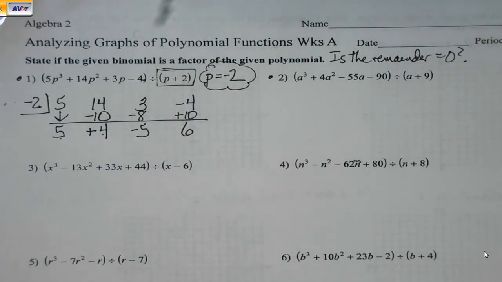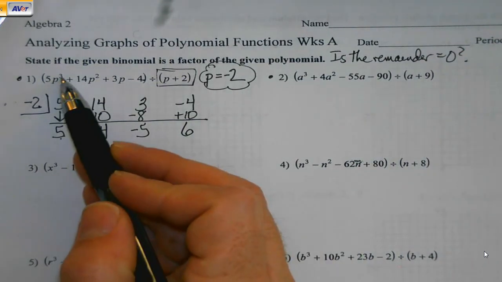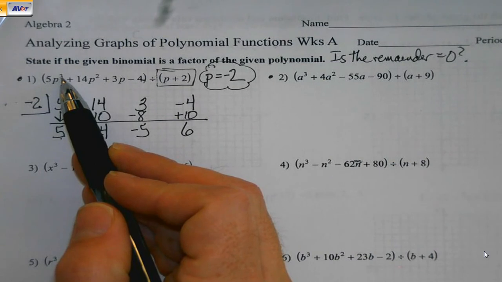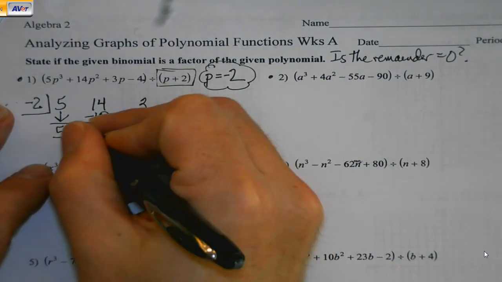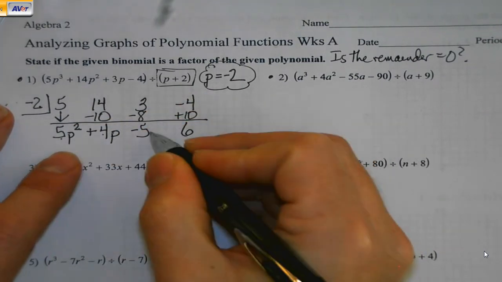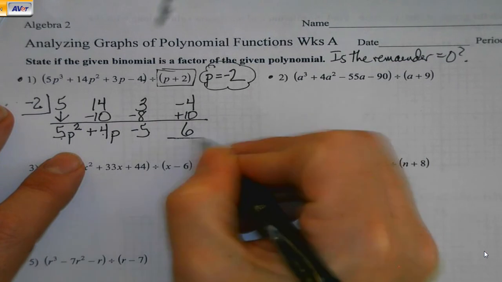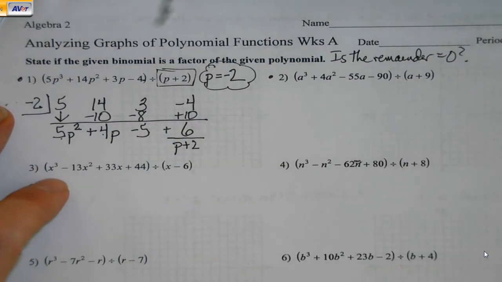Now, before I make my decision on, yes, it's a factor, no, it's not, I'm going to put my variable terms back in. So like we've done before, I'm going to take that exponent, my 3, my degree, and reduce it by 1. So 2, 1, constant, and that number left at the end is my remainder.